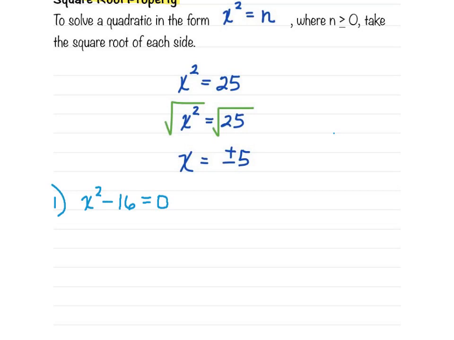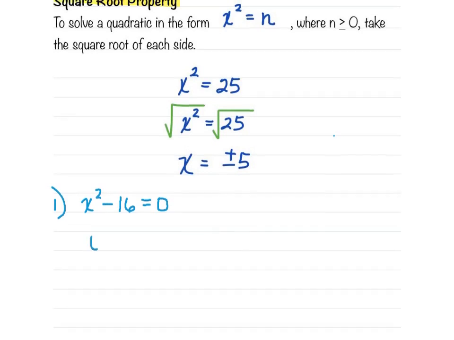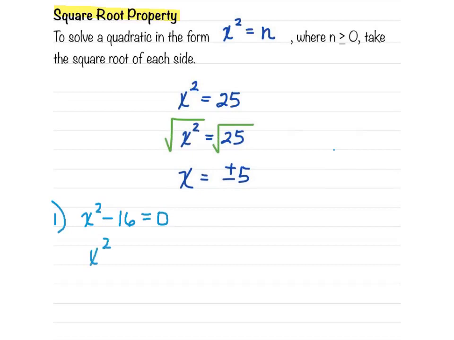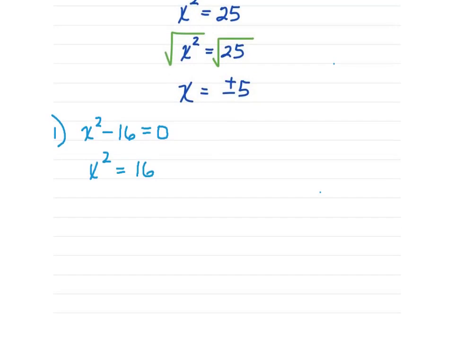We can say, well, x squared is equal to 16. We did that by adding 16 to both sides. Then let's find the radical of each side. X equals positive 4 and negative 4. So those are the two solutions.